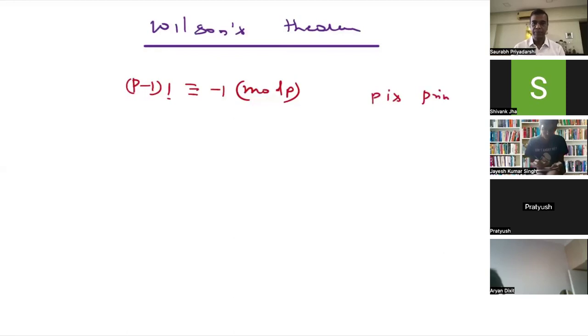Now p is prime, right? So now I'm giving you a question on this directly. This you have to use. Find the remainder when 97 factorial is divided by 101.